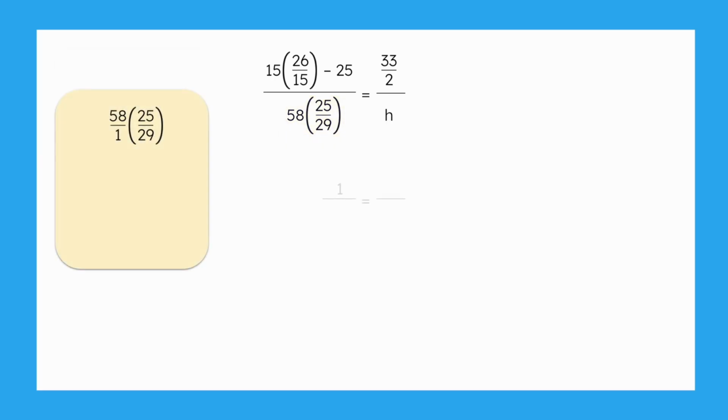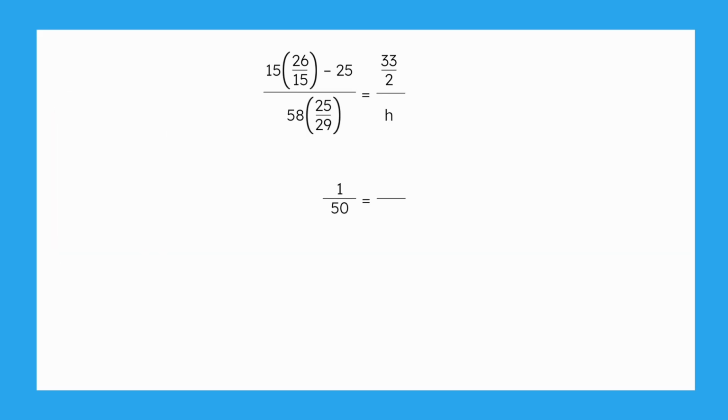First, I'll multiply 58 and 25. That gives me 1,450. Next, I will divide 1,450 by 29, which is equal to 50. Now the left side has been completely simplified.